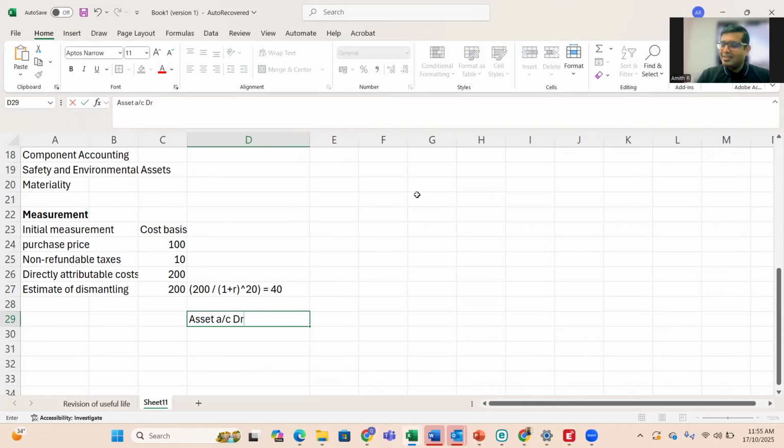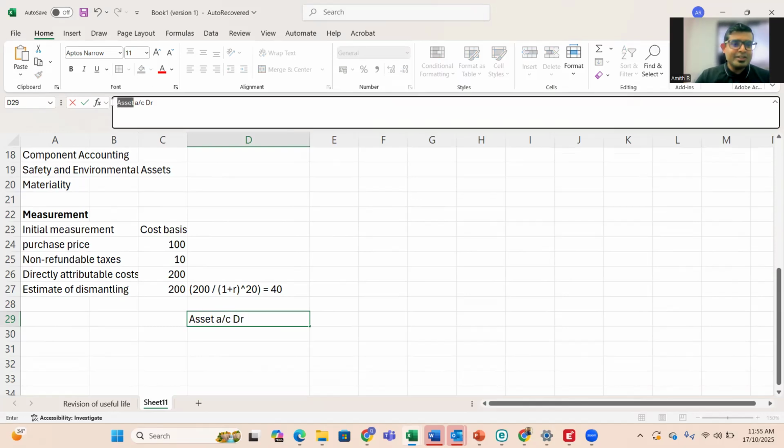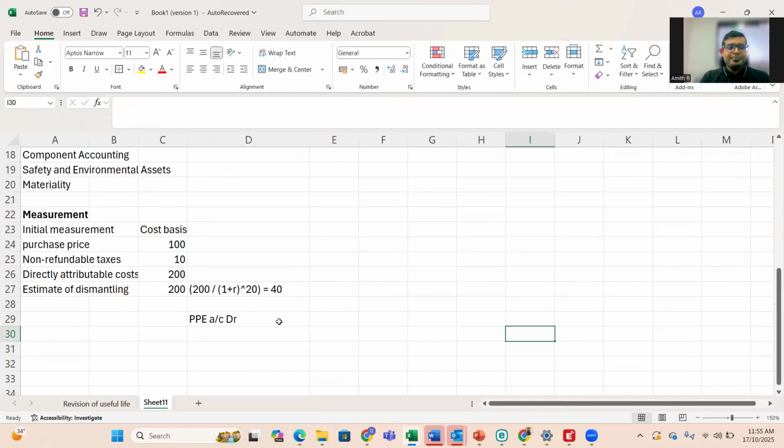And let's behave like real students of IFRS. Okay, and what is the amount? So 100 plus 10 plus 200 is 310, plus 40. It would be 350, right?